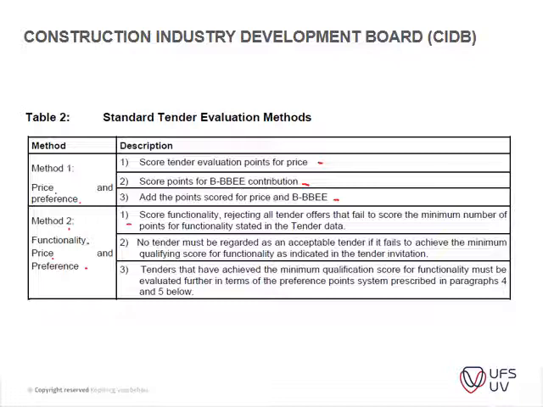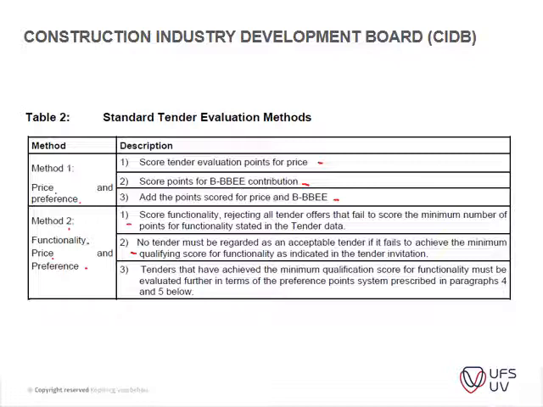They have to get over a specified score to be evaluated further, and those that score higher than the required mark will be evaluated further on the following points. No tender must be regarded as an acceptable tender if it fails to achieve the minimum qualifying score for functionality. That just goes hand in hand with point 1.